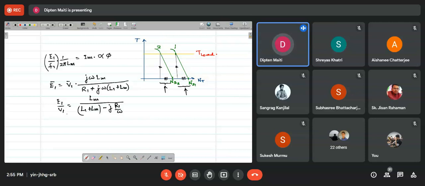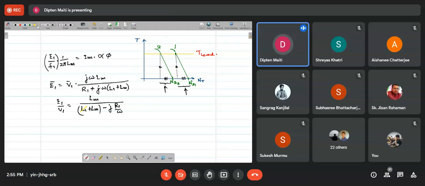As you can see here, if we try to maintain this induced EMF E1 by changing the value of V1, we would try to keep them as equal as possible, with a very negligible difference. This can be easily maintained if L1 is negligible compared to Lm, the magnetizing reactance.